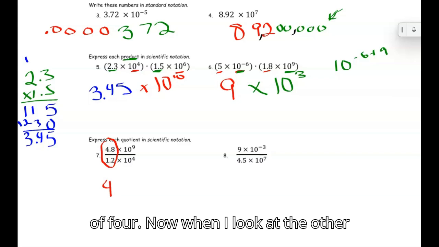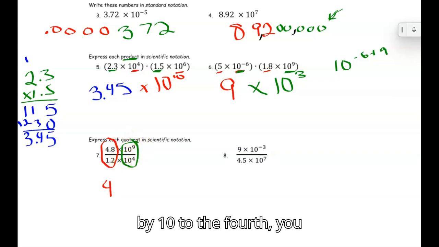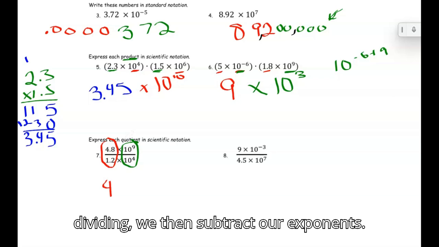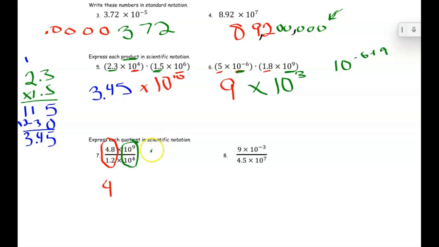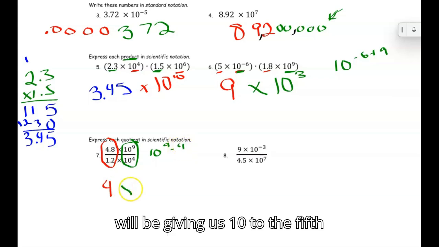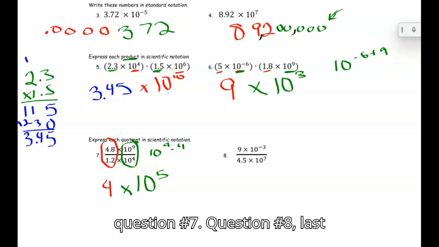Now when I look at the other part, the 10 to the 9th power divided by 10 to the 4th, you just need to remember, when we're dividing, we then subtract our exponents. 10 to the 9 minus 4 will be giving us 10 to the 5th power. And that's it for question number 7.